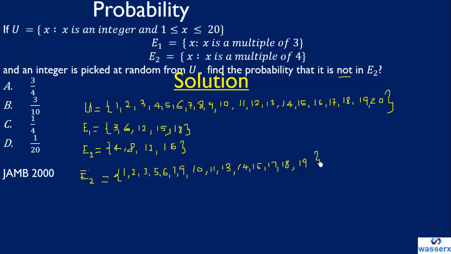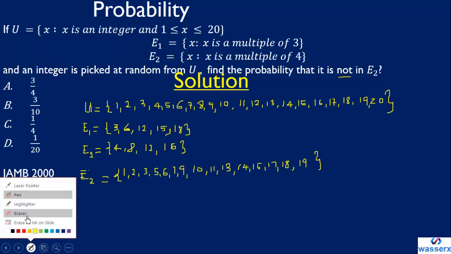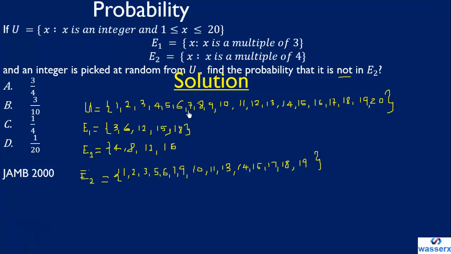Since we left out something in the E2 complement, it is 20 inclusive, so 20 is also here. So that's it. So the probability of E2 complement is equal to 15 over 20, and that is equal to 3/4. So the correct answer is A.